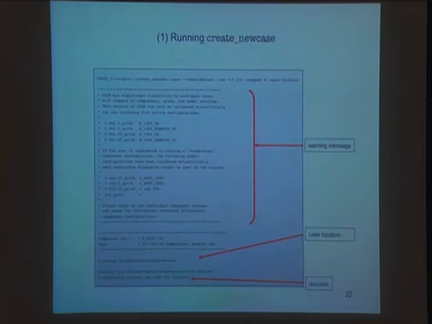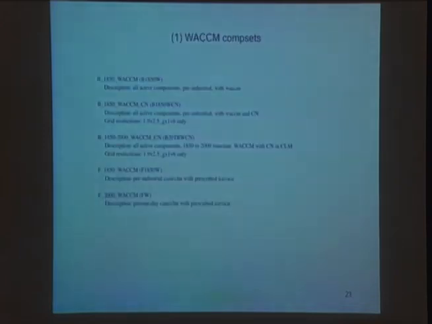Yeah, can you go back? The last case is sort of a perpetual 2000 with a mean climatological sea surface temperature. So that's what I would recommend everyone start out running if they're going to try and run WAACM, because it's sort of a perpetual run for a fixed forcing. The bottom one, yes, that's the easiest one to get going.